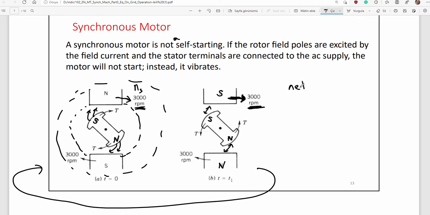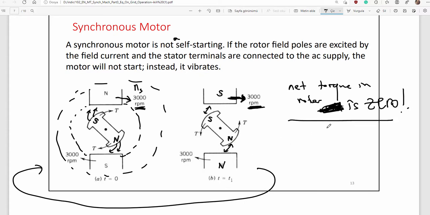So net torque in rotor is surely 0. Rotor cannot move, cannot start up gaining speed, cannot start.